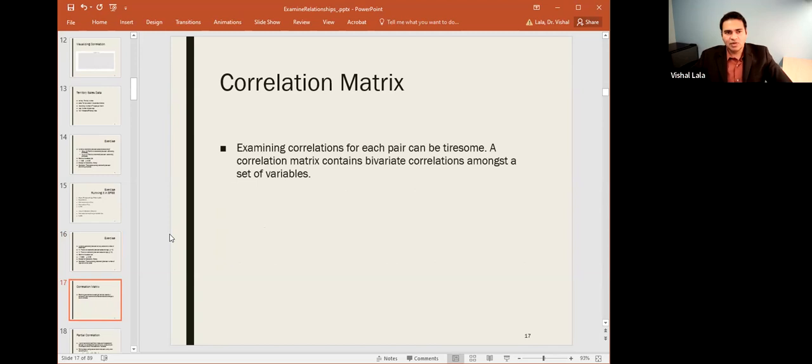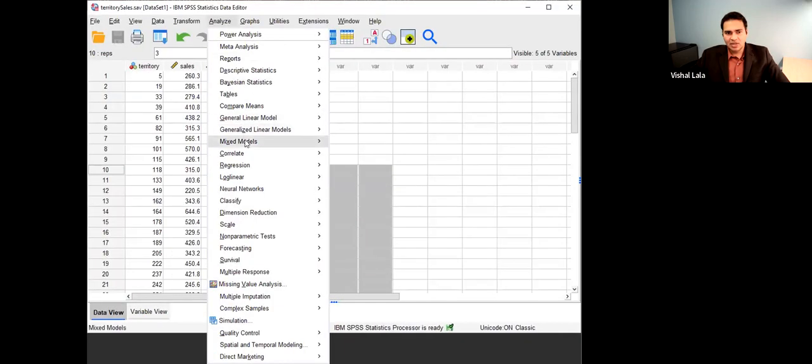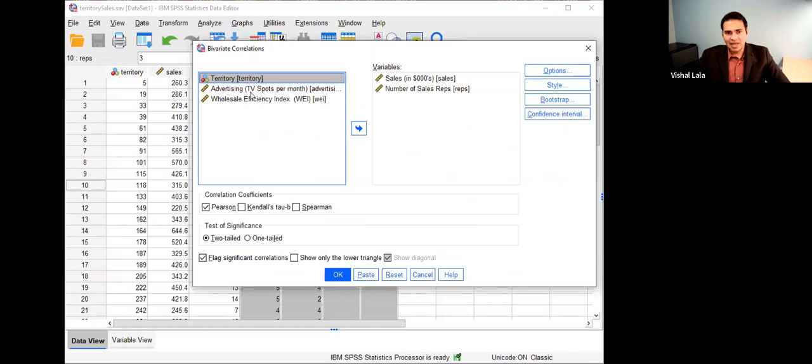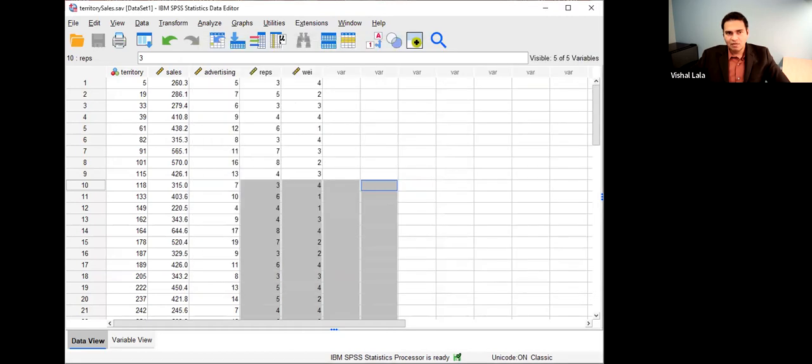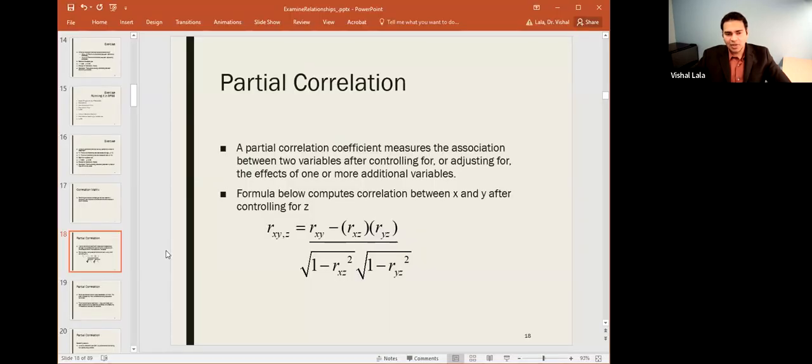Let's see what that would look like in our context here. You might go to analyze, correlate, bivariate, and put all the variables in and get one large correlation matrix out of this. We'll get to that pretty soon. For now, let's move along to our next topic on partial correlations.